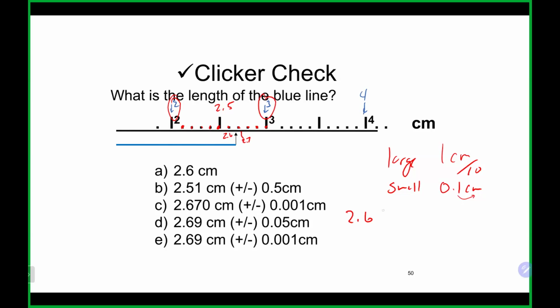So they're going to probably go with a 9 as my uncertain number in this case. And this obviously would be centimeters. Taking our small marking, dividing it by 2 gives us our plus or minus 0.05 centimeters, which confirms we should go to 2 decimal places, right? So D there would be the winner in this particular case. Any questions on that there?